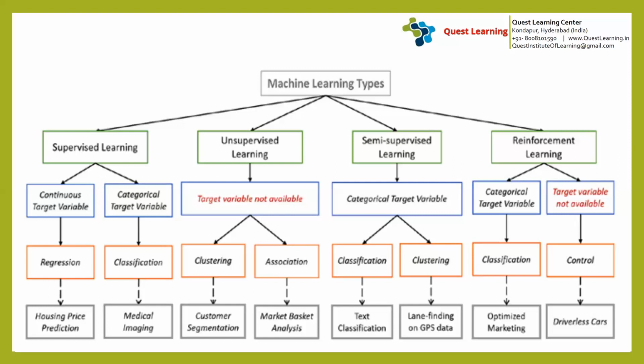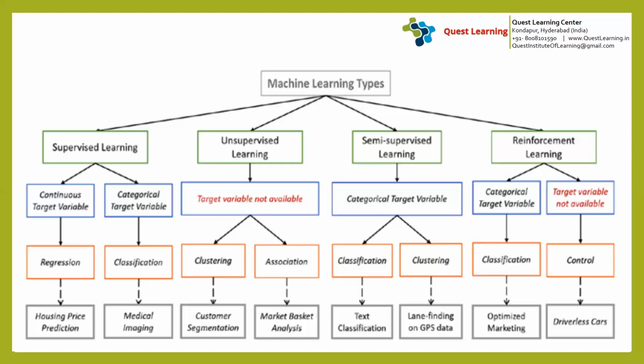Based on this feedback, your algorithm is going to work so that you get the least chance of accident. If you do this, more chance of accident. If you do this, less chance of accident. So now the machine will be able to figure out, okay, this is less chance of accident, so let me try this method. That's what we call reinforcement learning.